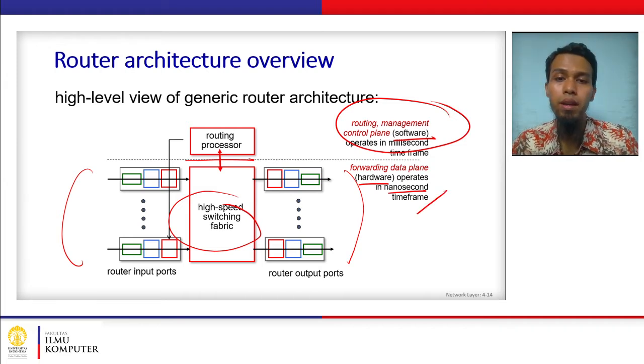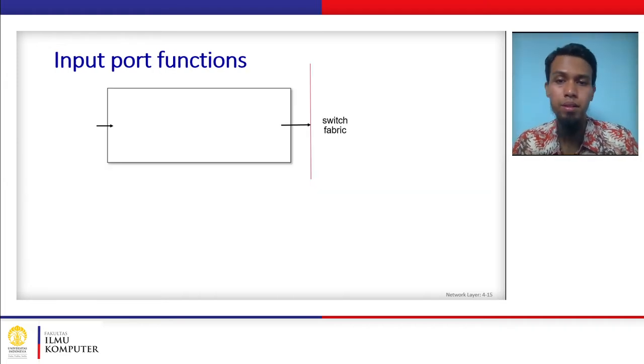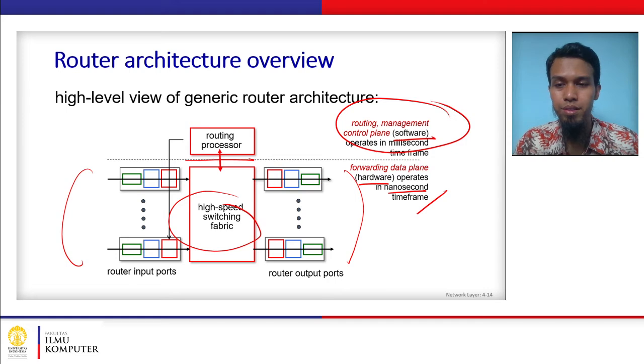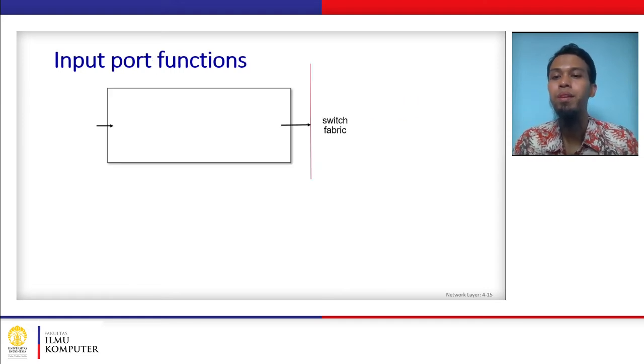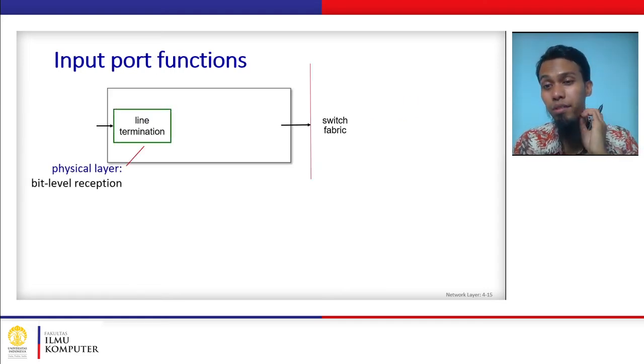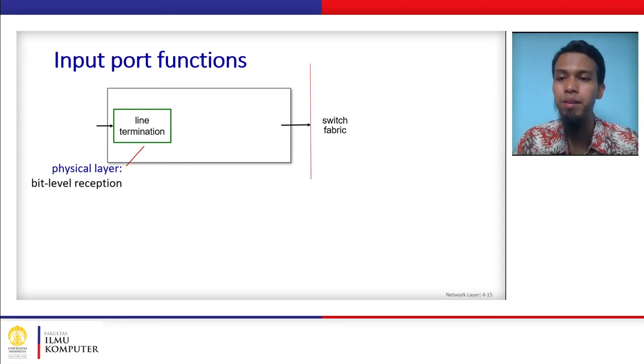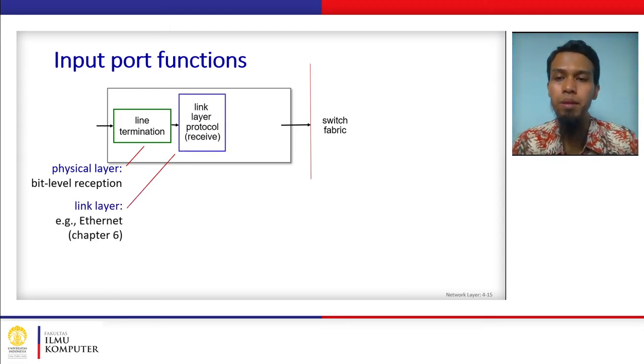So let's have a look in more detail at the input port functions. The different colors here indicate different functions or different layers. The first one, the green box, indicates the physical layer, which is bit-level reception. The blue box is the link layer protocol on the receiving side; we'll talk about that in chapter 6.